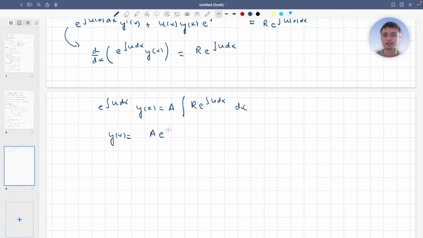That goes as y(x) equals, I think that's the right solution, e to the power minus integral u dx times the integral of r e^(integral u dx) dx. There will not be any a, sorry.